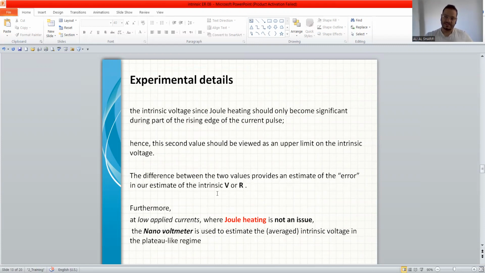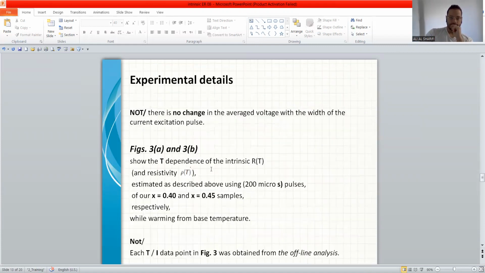The nano voltmeter, like I said before, we used it to determine the minimum, the small amounts of voltage. Here, it's important to note there is no change in the average voltage with the width of the current extension pulse in these two situations.